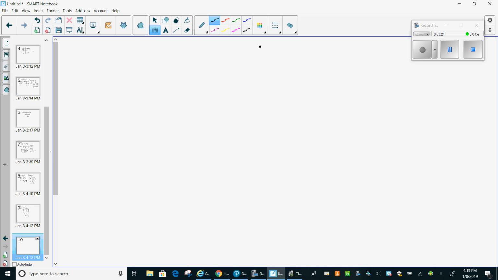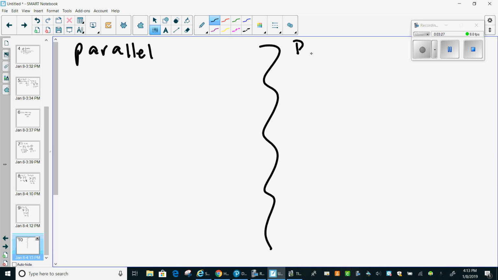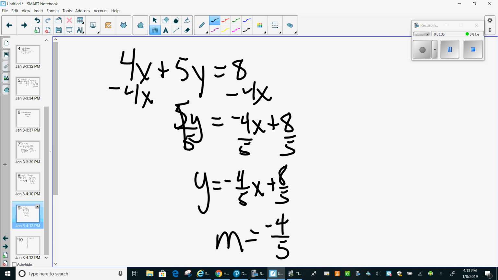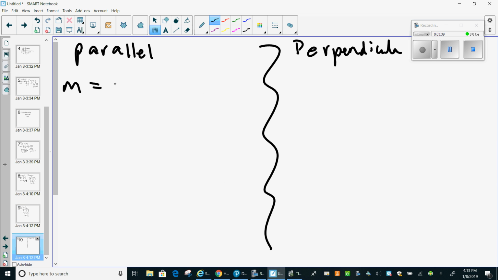I need a parallel and a perpendicular. So the parallel line, if this line has a slope of negative 4/5, then the parallel line has to also have a slope of negative 4/5.